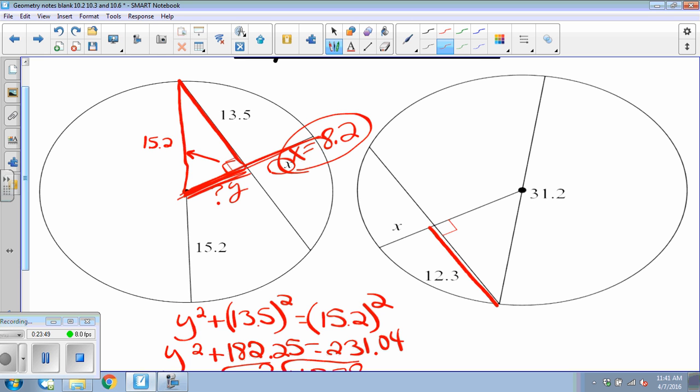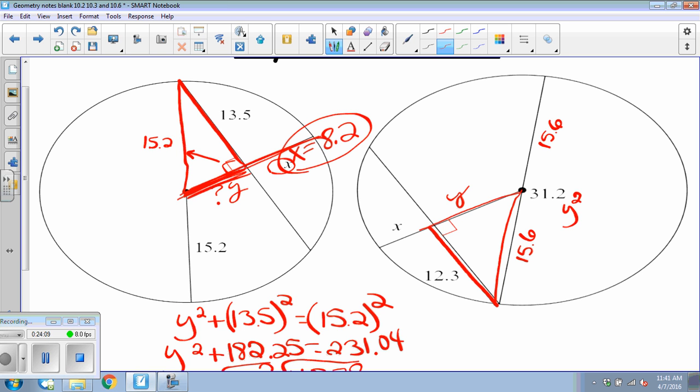Number 2. So if this is 31.2, then this is 15.6. Again, I'll call that side y.